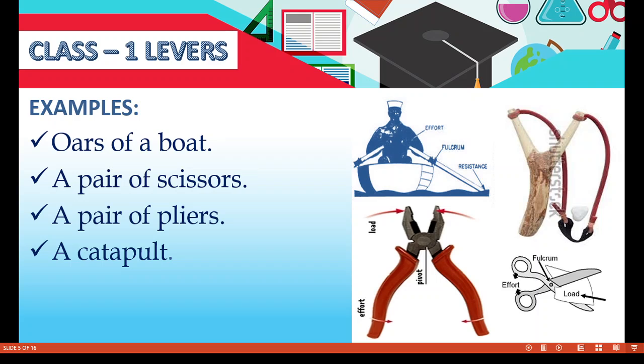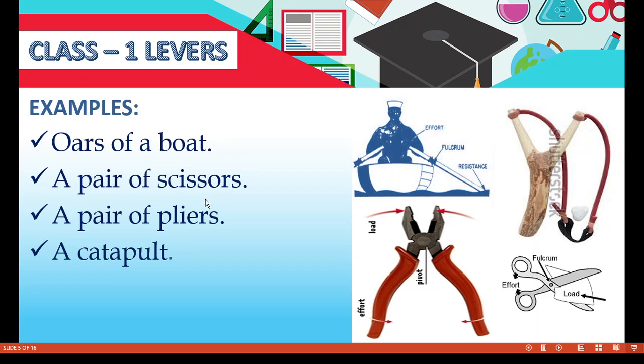This is considered as the fulcrum or pivot, and this one is the effort, that is the man applying force on the lever. So the oars of a boat are a good example for class 1 levers.